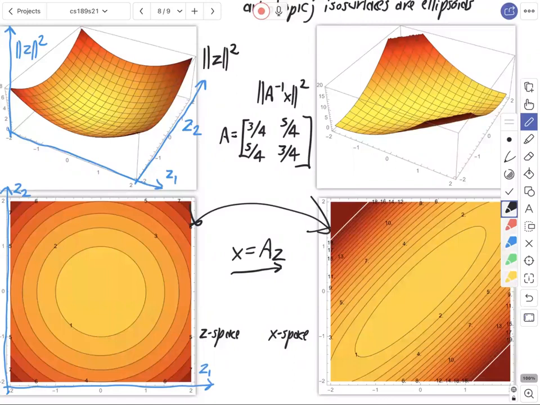So we have an affine transformation from one space to the other, but we're mapping the same quadratic in both spaces, just before and after that affine transformation.